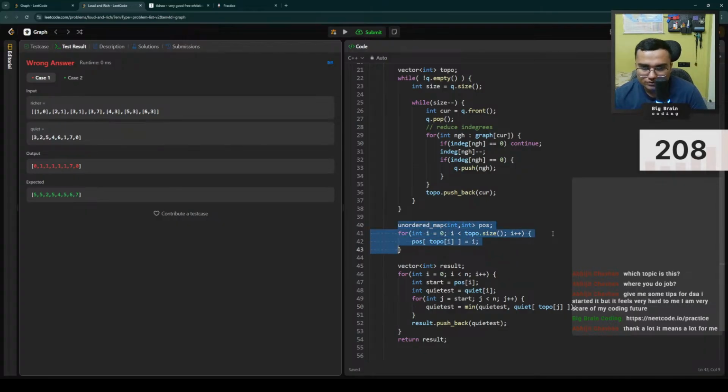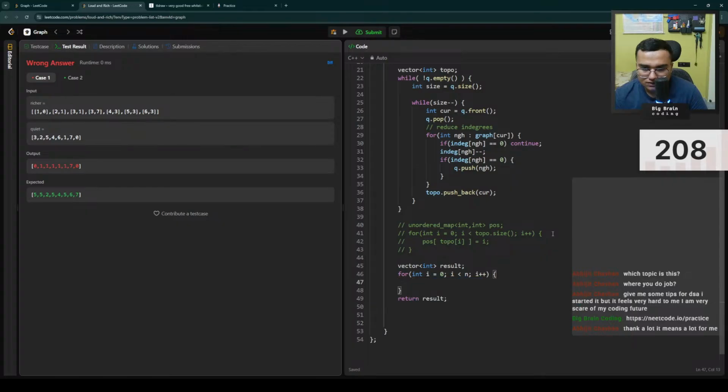Okay, let's remove this position map. Let's comment this out, right? And let's write this part again.